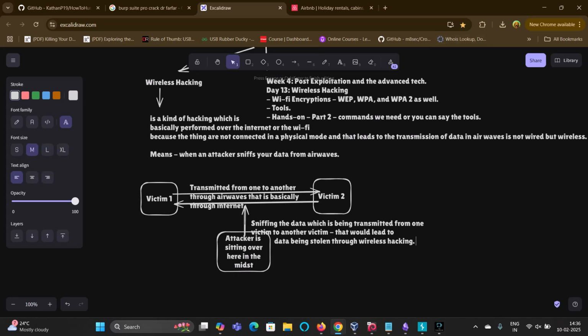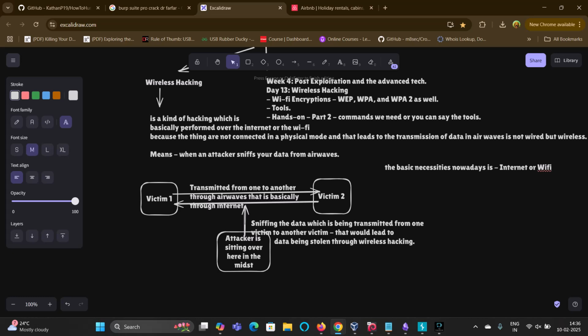As I have already mentioned, the basic necessities nowadays are only two things: internet, or you can say Wi-Fi.